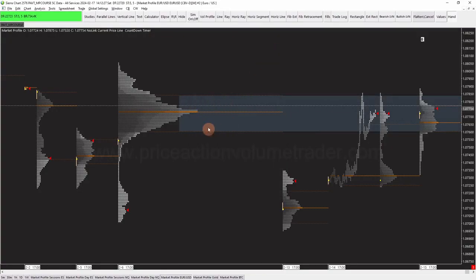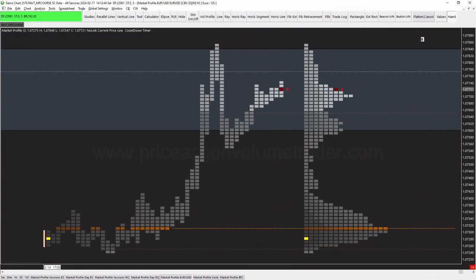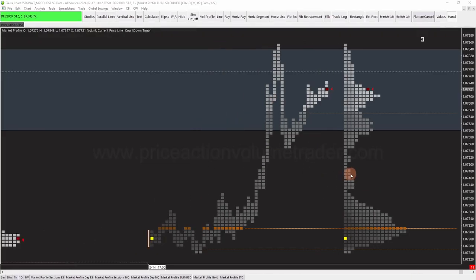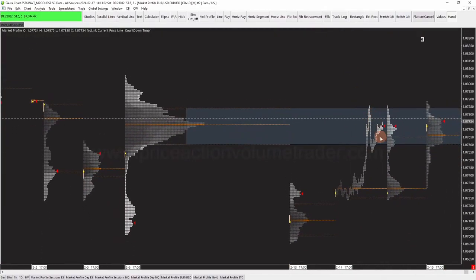Okay, so this is our valley area from the composite, and you can see how price came in, got in, and then on this, let me zoom in so you can see this better, but you can see right here how we came in here on this TPO, push back on the next one, and then we just pushed up into the other side. So basically the rule is when you accept into a valley area, price is likely to revert to the other side.